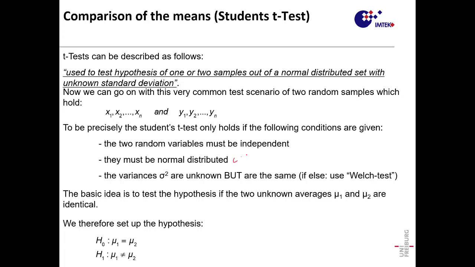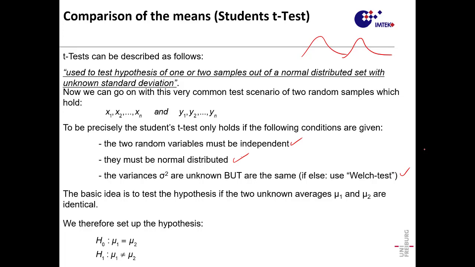You can check that with the chi-square method, or you can use another method that we'll see next week. Second, they have to be independent, so they cannot come from related samples. Sample 1 has to be totally independent from sample 2. And in this case, we're using unknown variance, but they are the same.